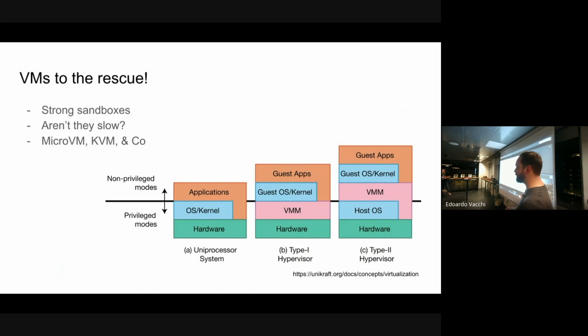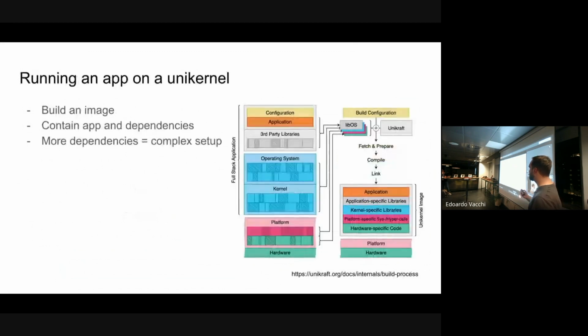But there are micro VMs like Firecracker, like QEMU, KVM, and they are pretty fast in startup. The only question is, what operating system are you running on your micro VM to have a fast startup time and a performant application? So a unikernel. You don't have a full operating system.